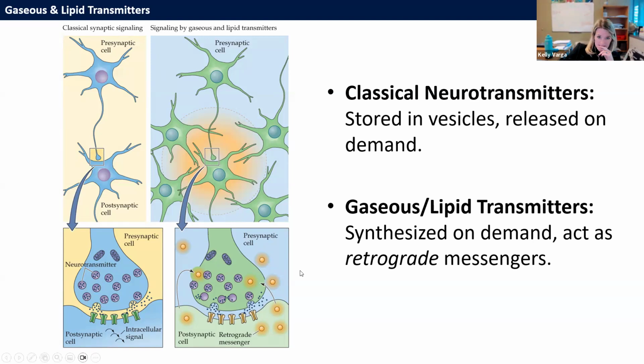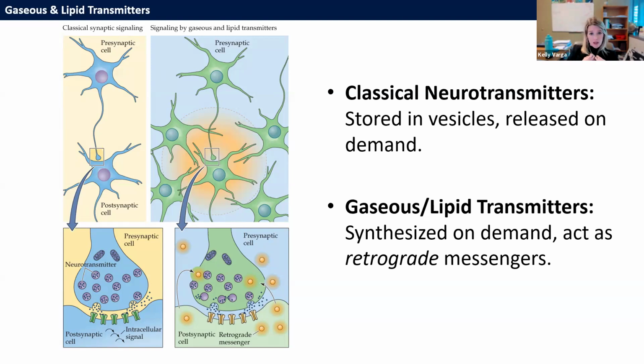We also can see that we have other things that can slip across the membrane, known as gaseous or lipid transmitters. These are things that are synthesized on demand, and they act as retrograde. This is something that we're going to look at extensively when we get to marijuana.